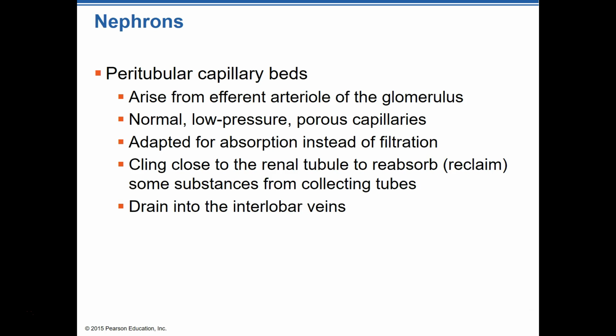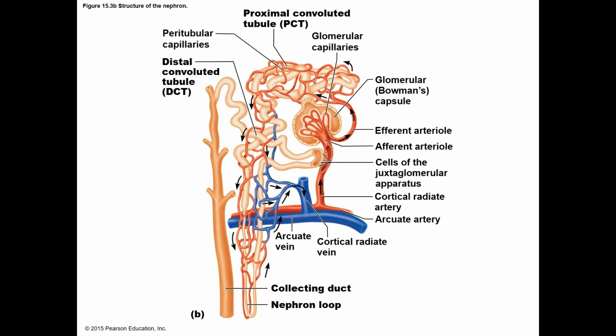Usually low pressure, and a lot of the blood's a lot thicker in there. These are designed to reabsorb some substances that need to be reabsorbed. And those will drain back into the veins inside of the kidney, and those veins will get bigger and bigger, and then it'll drain out of the kidney and back into the superior or inferior vena cava.